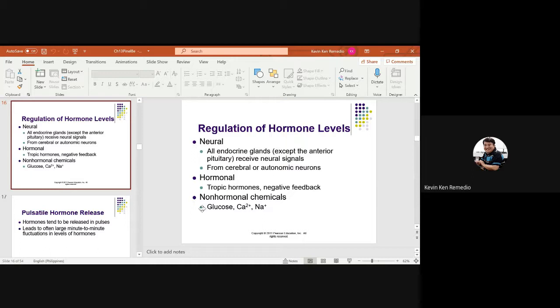Okay? And of course, there are also non-hormonal chemicals that regulate this process. Na ay glucose, calcium, and sodium. Okay? So, mo na siya class. Ang tulo ka mga ways in which hormonal production can be regulated. All right? So let's proceed.